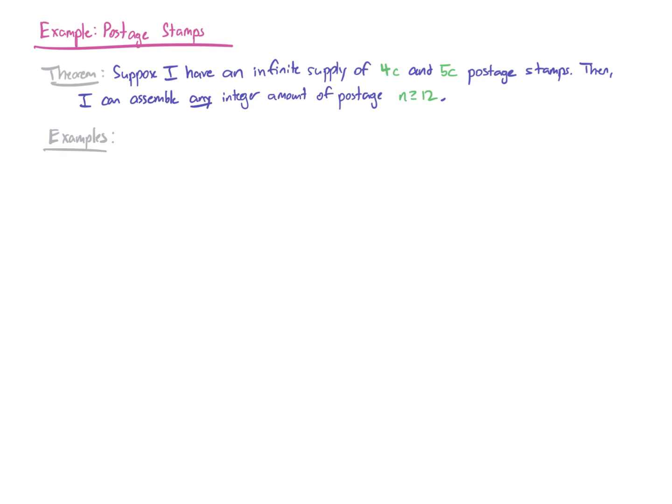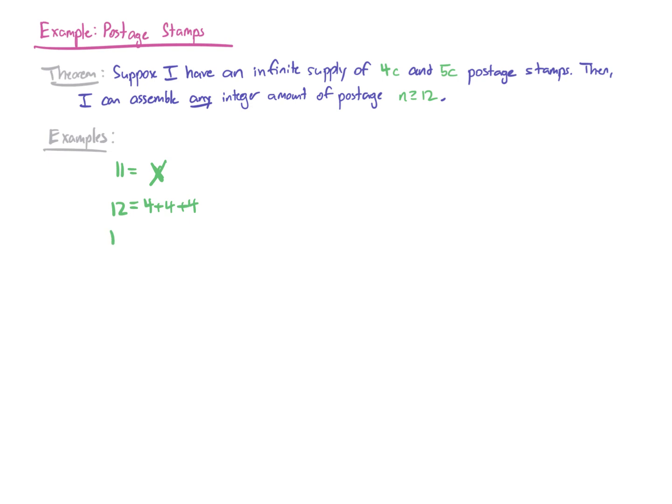If I consider something like 11, 11 is not equal to any combination of 4s and 5s. I can't do it. The theorem is not guaranteeing that for me. Let's make that a big angry X. On the other hand, if I consider 12, how can I make 12 out of 4s and 5s? One way is 4 plus 4 plus 4.